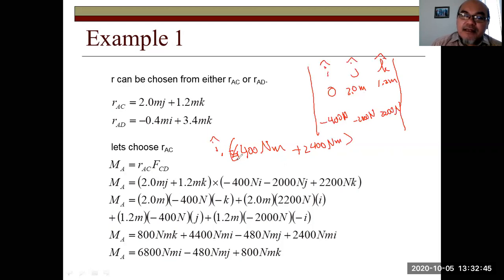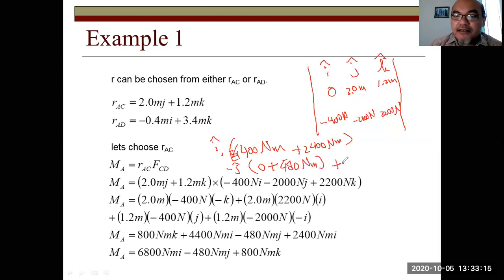Then minus J: 0 multiplied by 2000 Newton is 0. Then minus this times this one, minus times minus becomes positive, 400 multiplied by 1.2 equals 480, yeah, plus 480 Newton meter.